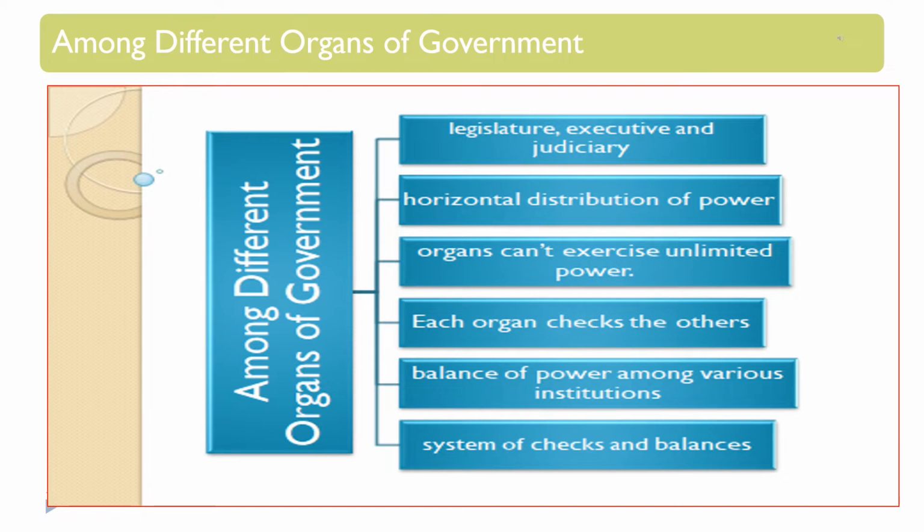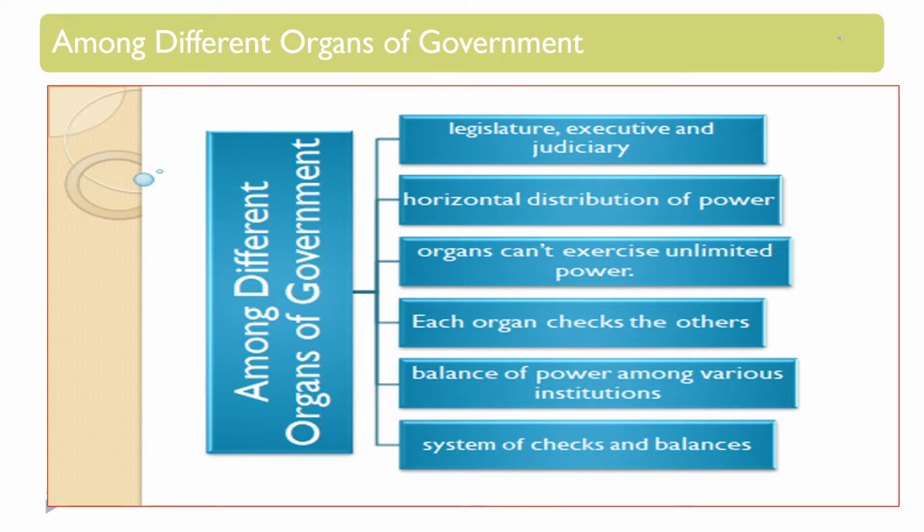Each organ checks the others, meaning each organ controls the other. If legislative wants to become very powerful by making any law, that won't be possible. Executive and judiciary are there to control the power. So all these organs of government are controlled by each other.